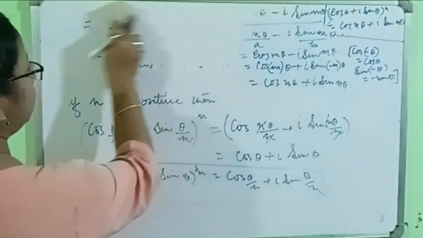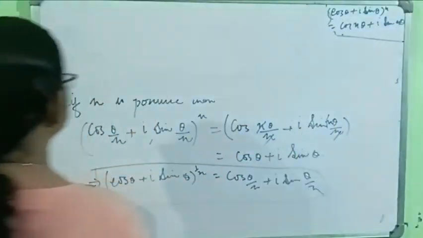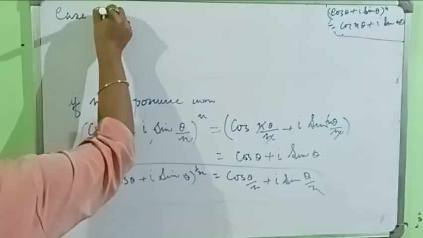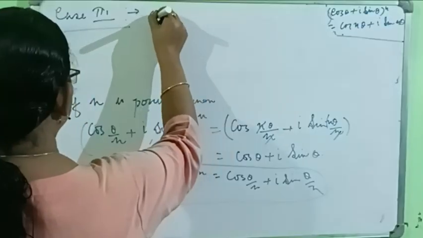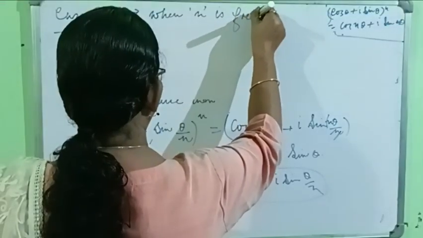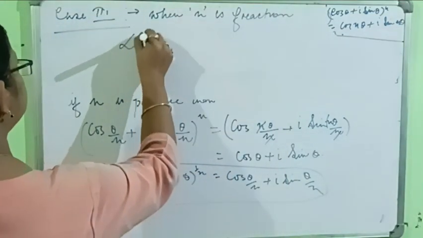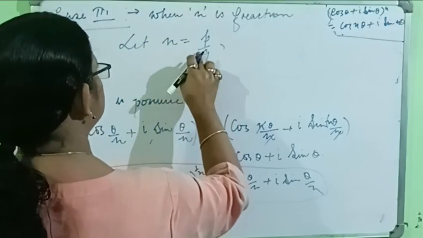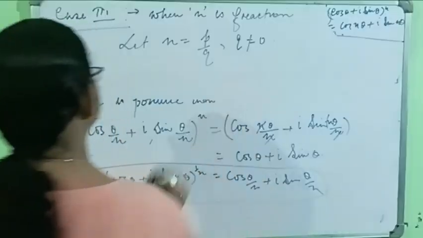Now I am going to prove the third case, when n is a fraction. Let n be in the form p by q with denominator q not equal to 0.